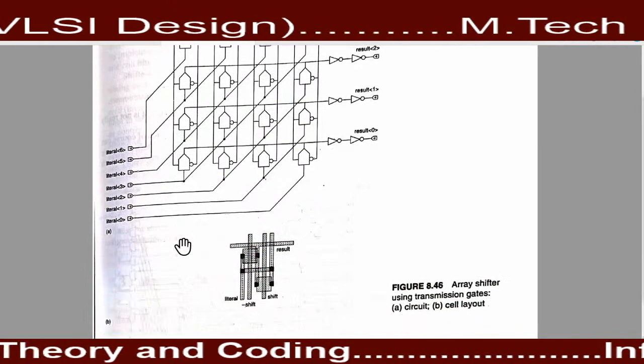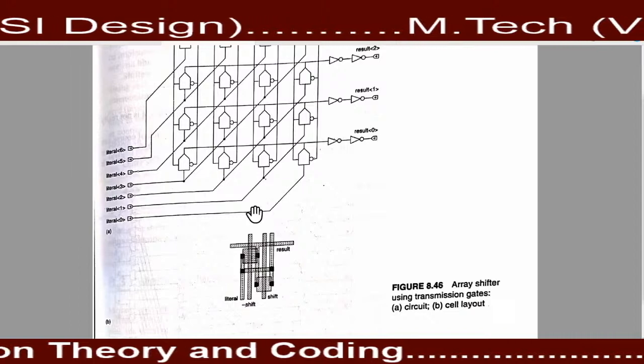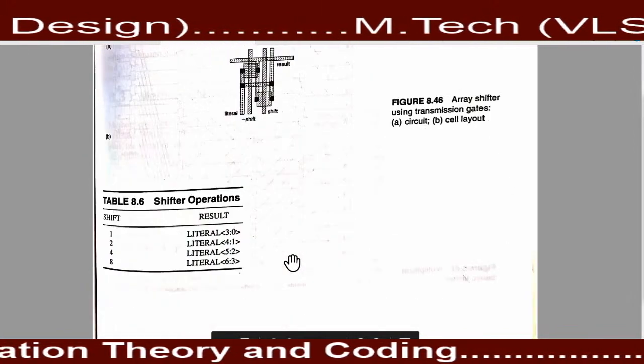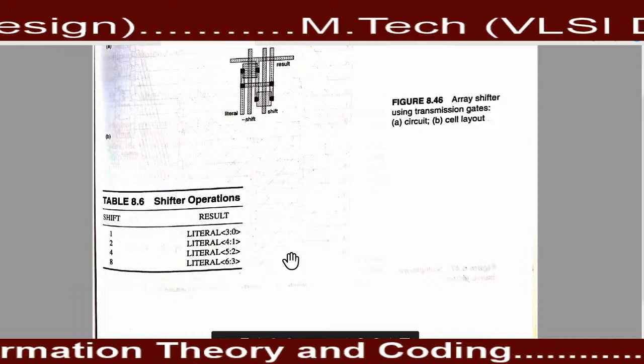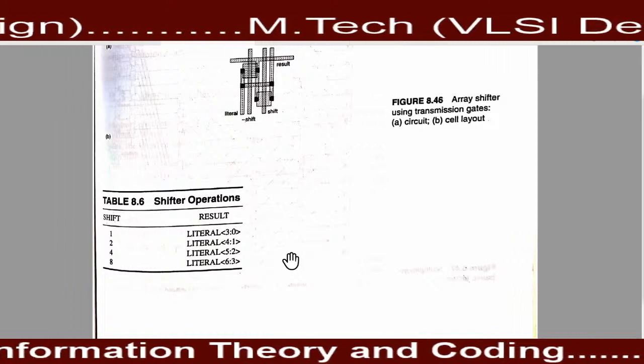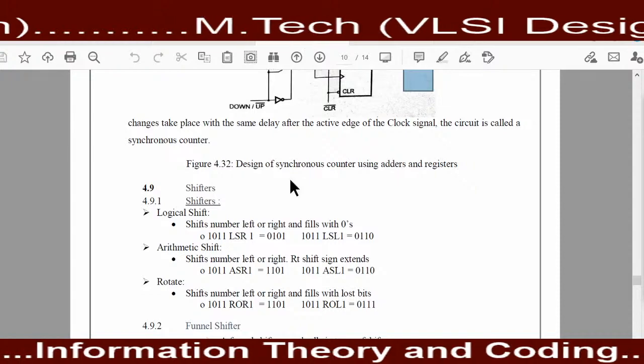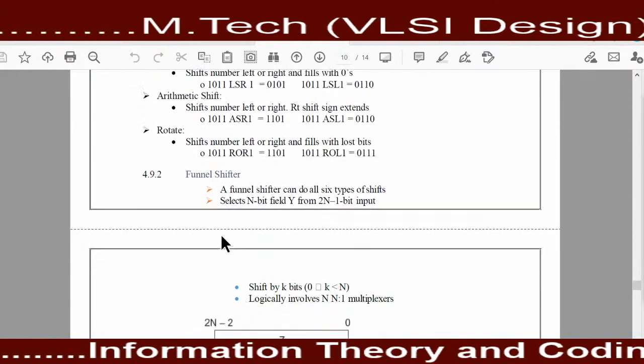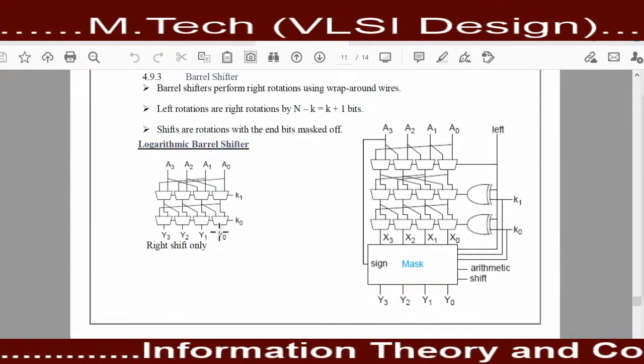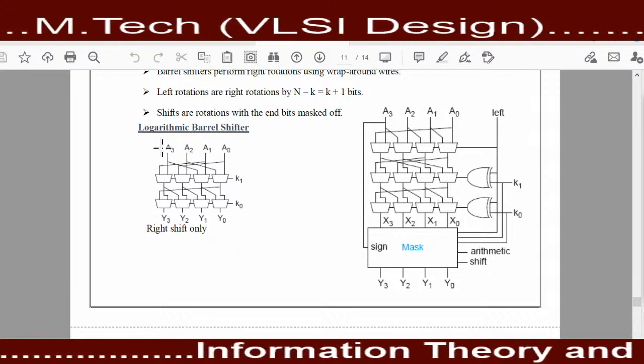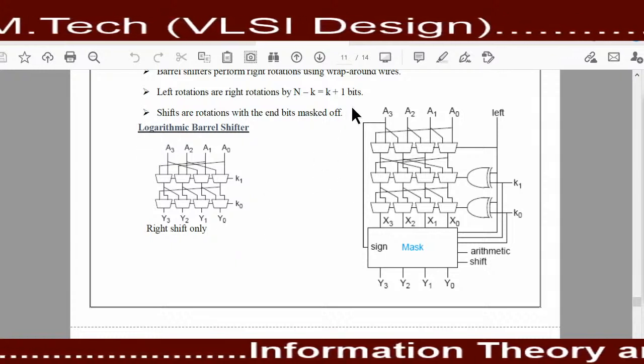So this one is the diagram, and this one is the cell layout of the barrel shifter circuit. You can understand this topic by using this structure.